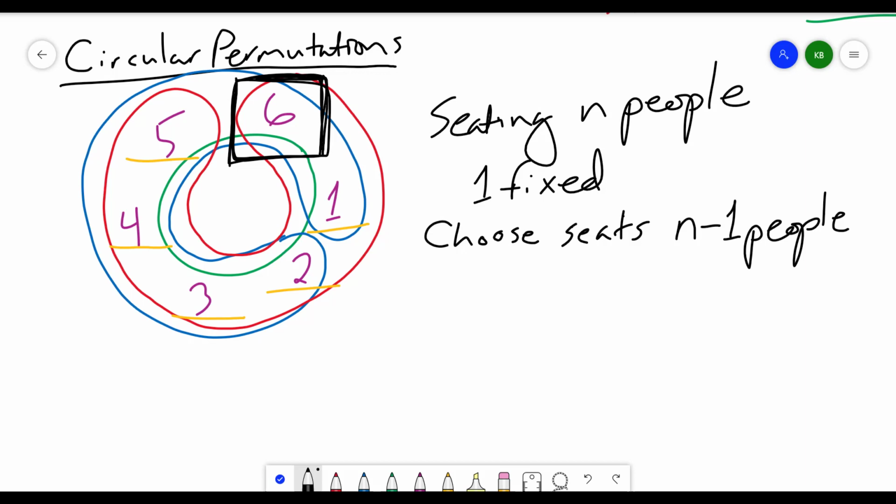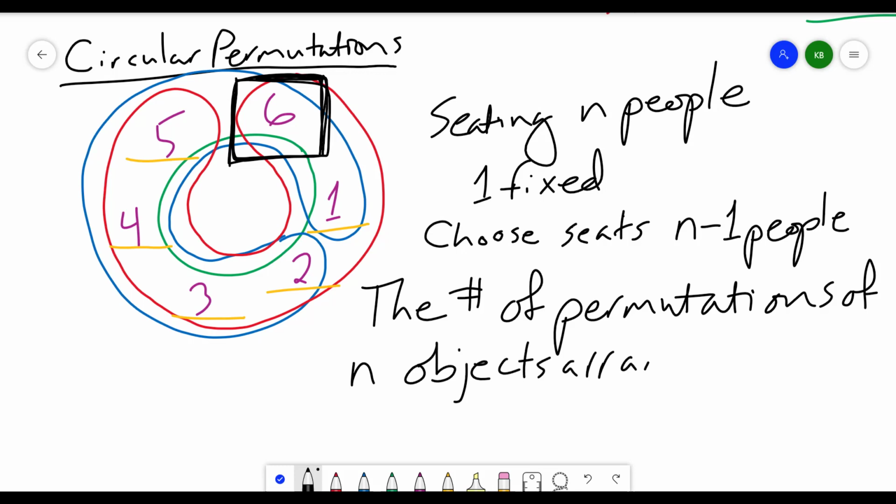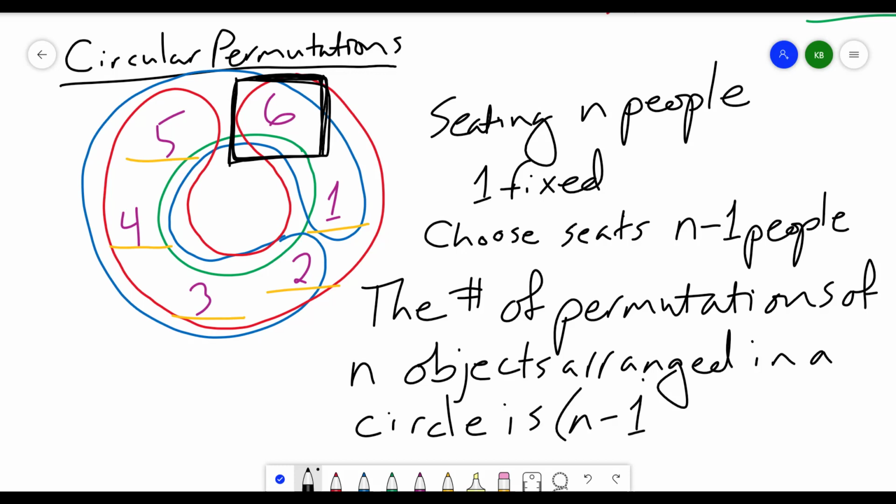So that makes it clear to us, hopefully, that the number of permutations of n objects arranged in a circle is n minus 1 factorial. And this is actually a theorem for us as well.